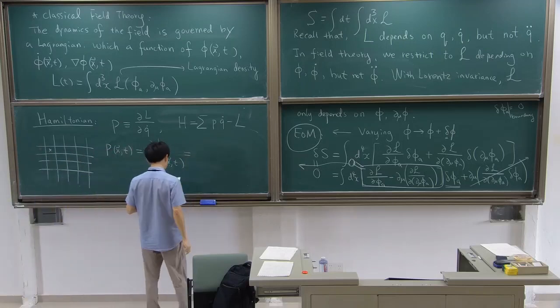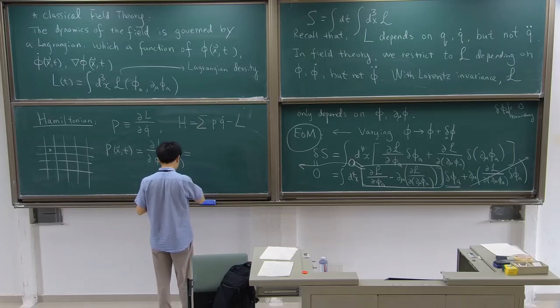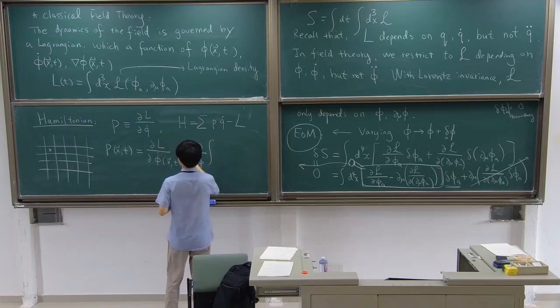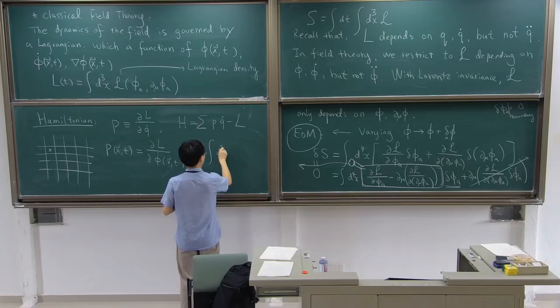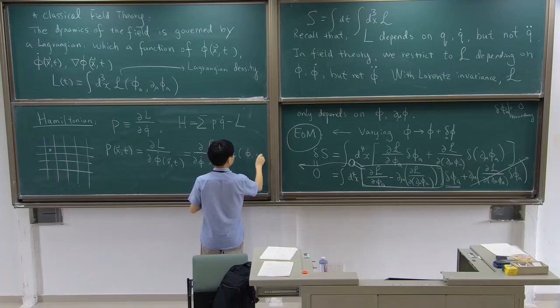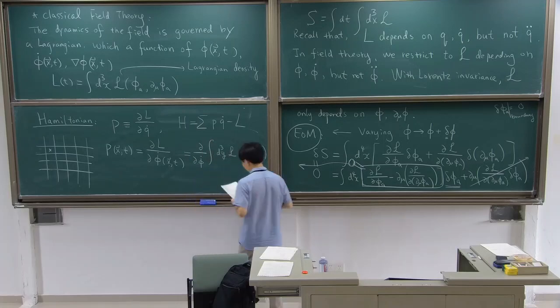Now you just view this one, and you realize that this is nothing but taking everything with respect to phi dot. That means the total L is an integral of the Lagrangian density, for instance. The Lagrangian density is a function of phi, also phi dot.